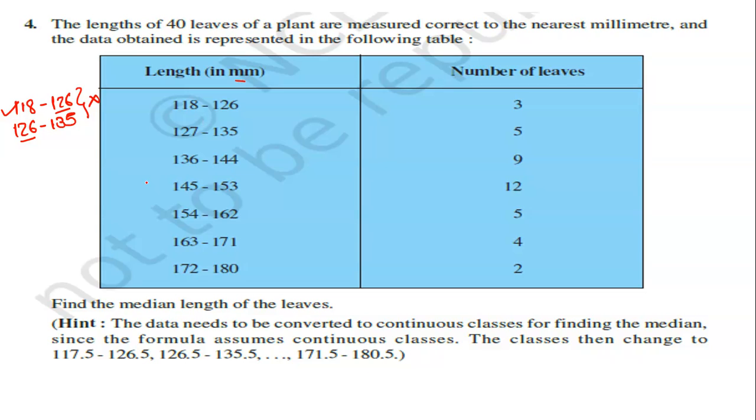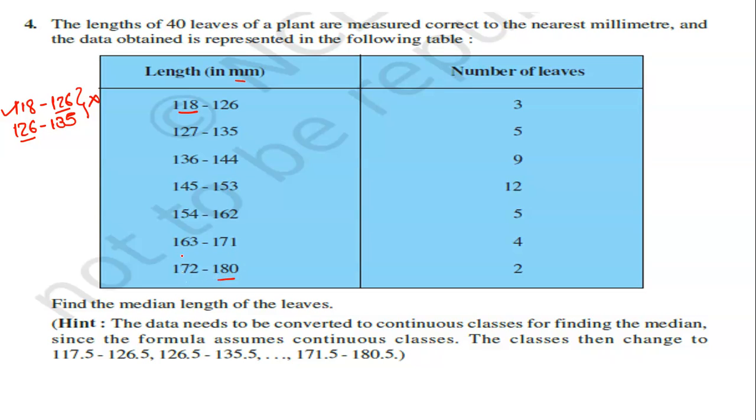Now the problem with this type of data is, for example, the smallest leaf is 118 millimeters and the tallest leaf is 180 millimeters.